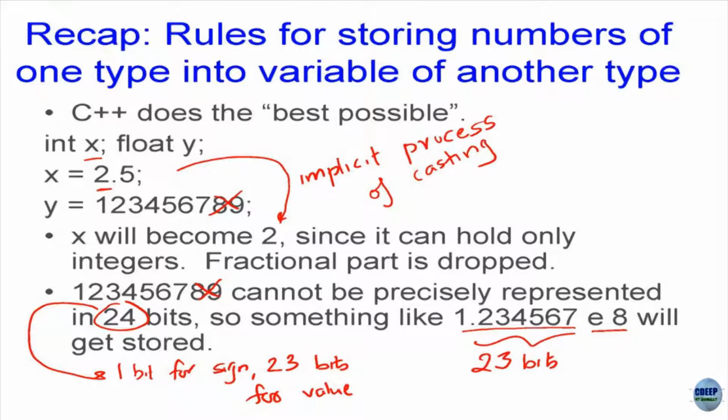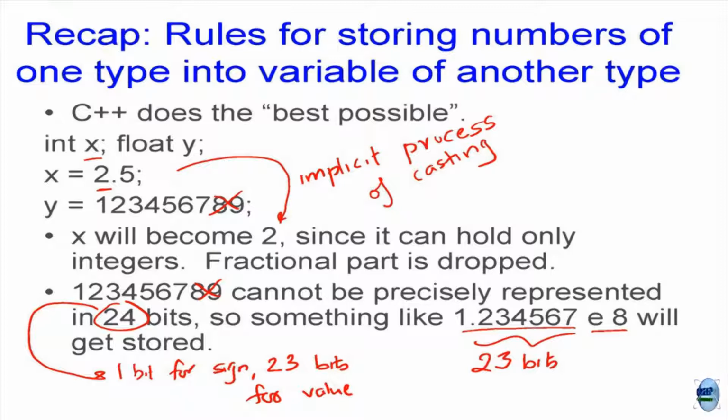However, this might create a problem when you have, say, 2 divided by 3. Now both are int. So that will be interpreted as an int. So let's take this example. X is 2.5, Y is 1, 2, 3, 4, 5, 6, 7, 8, 9.